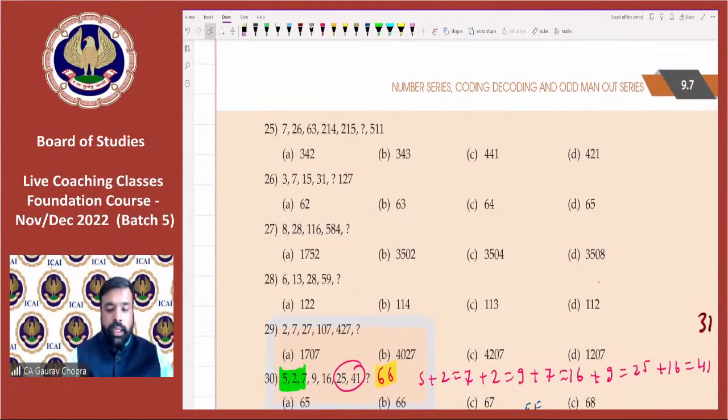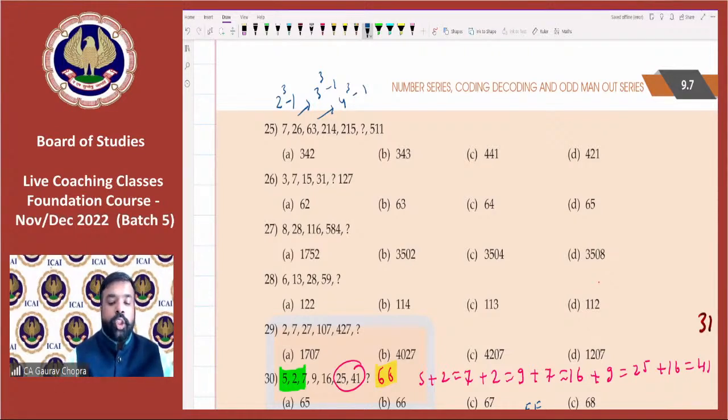Then some of you were asking about 25. See, 25 is again different question. Here you are having 7. 7 is 2 cube minus 1. Then 26. 26 is 3 cube minus 1. 63 is 4 cube minus 1.